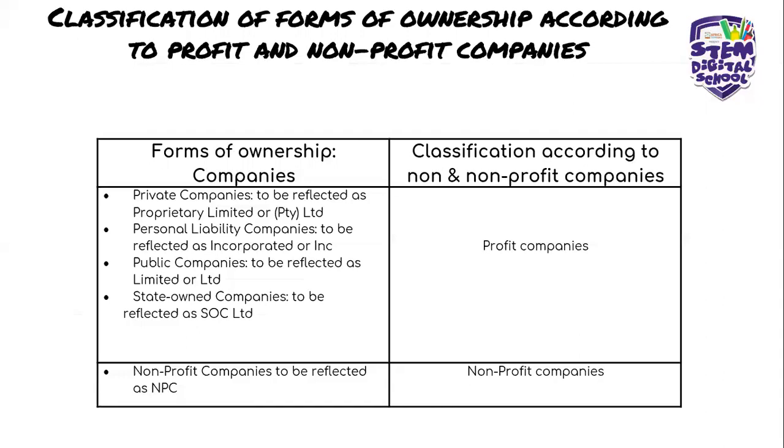So we know out of all these 5 different companies that we get under forms of ownership, 4 of them are profit-making companies, and 1 of them is your non-profit making company, your NPC. It says itself, non-profit companies are to be reflected as NPC. So this one is pretty much straightforward.